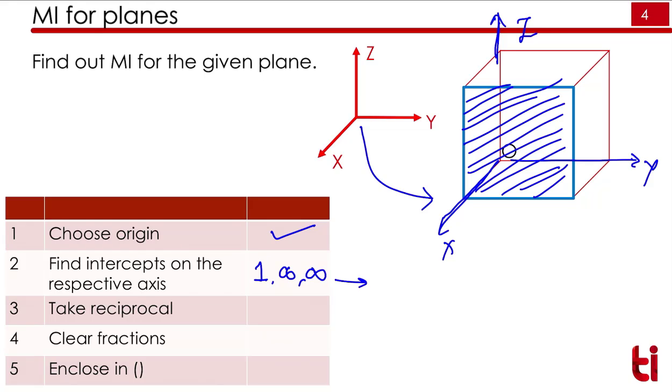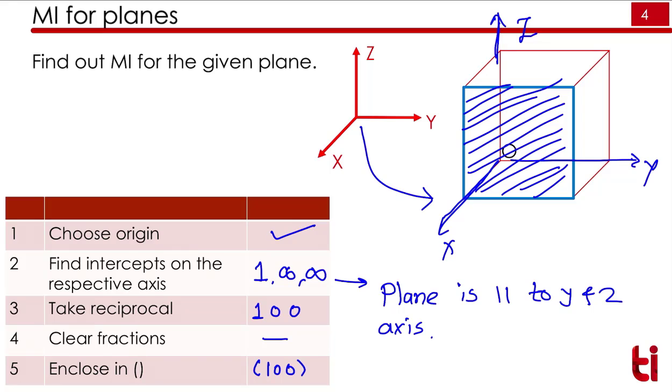This is because this plane is parallel to Y and Z axis and they will never meet or they will never have any intercept. The intercept will be at infinity. That's why we have written infinity as an intercept. Then take reciprocal: 1 0 0. Clear fractions, there are no fractions, enclose in parentheses. So the given plane is (1 0 0).